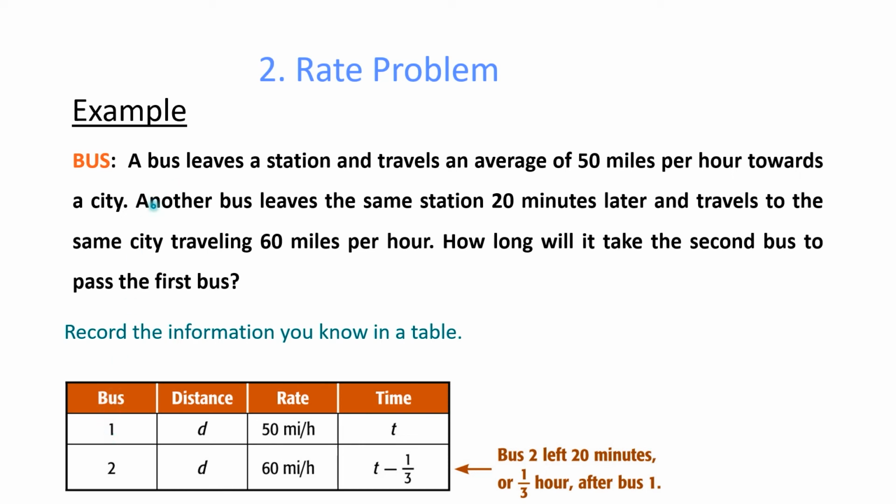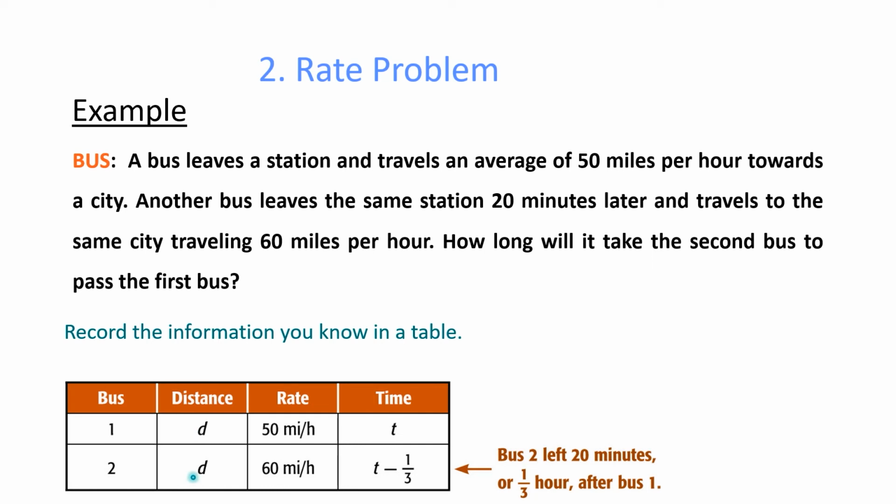Here in this question, it has been mentioned about 2 buses and that information is recorded in the first column. Next, we have to record the distance covered. Here you can see that both buses have traveled to the same city. Therefore, the distance covered is the same and it has been marked by the letter D.